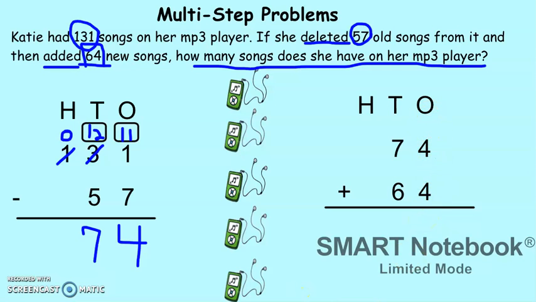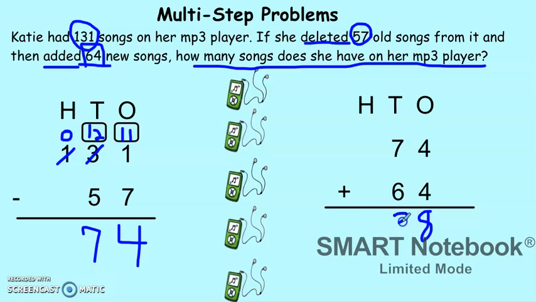So we look at our ones place. 4 plus 4 is 8. Very good. Now we look at our tens place. 7 plus 6 is 13.